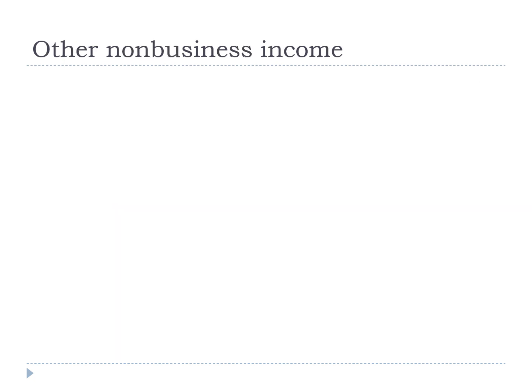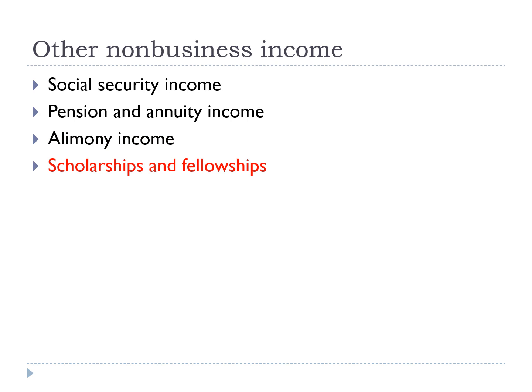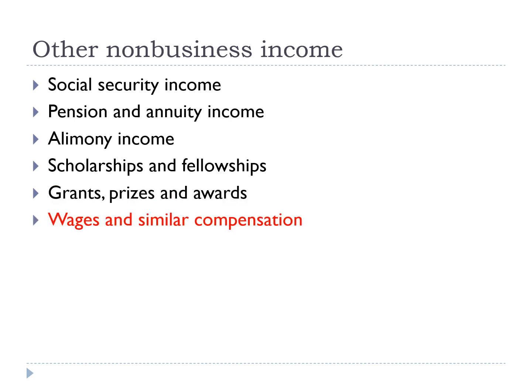There are several other types of non-business income which we will not discuss here. See the brief discussions of these income types in the written lecture file. Social Security income, pension and annuity income, alimony income, scholarships and fellowships, grants, prizes, and awards, wages, and similar compensation.